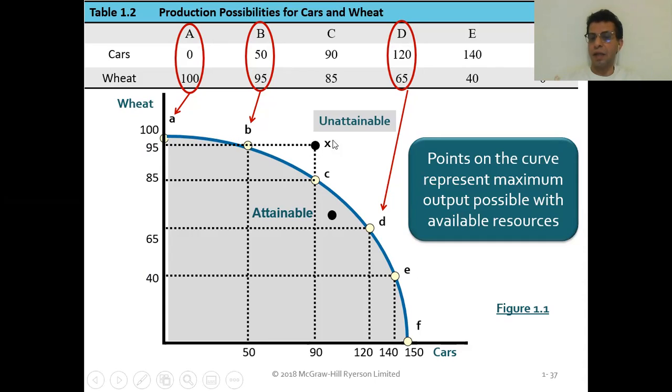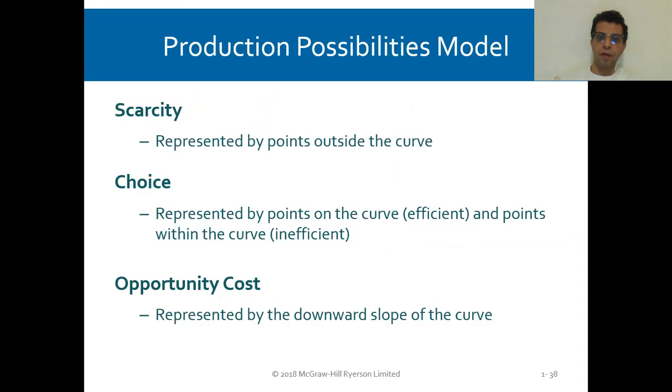And this point is not attainable because they cannot produce that. And at this point, they can produce 120 cars and 65 wheat. So there is a maximum curve that they can utilize.